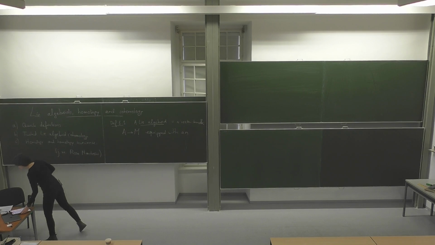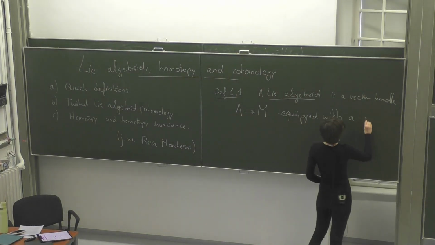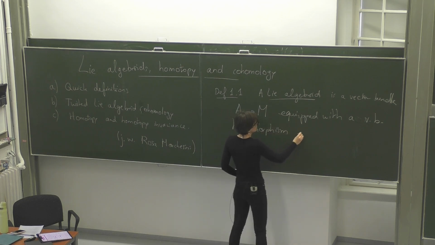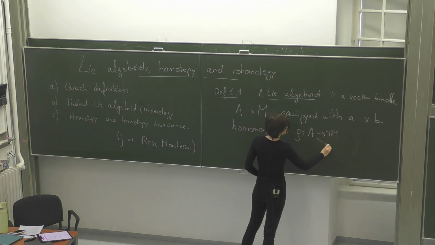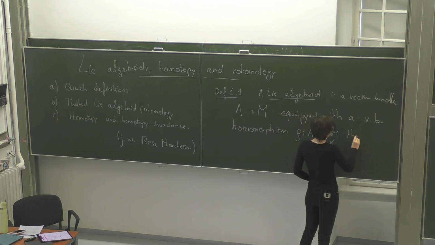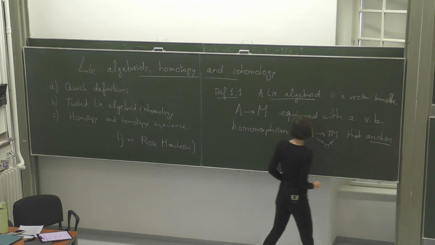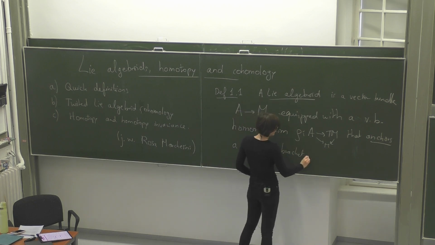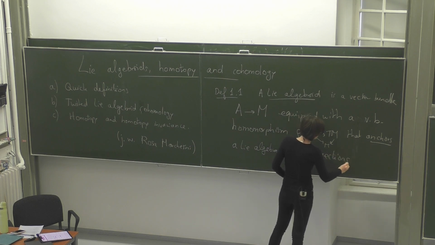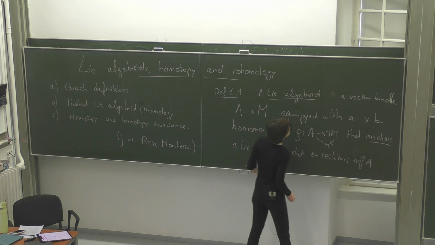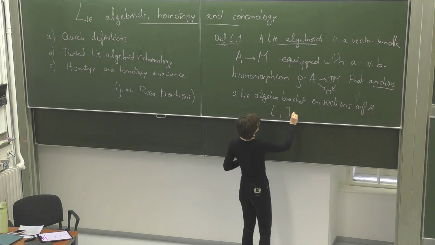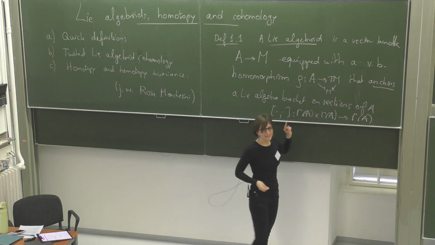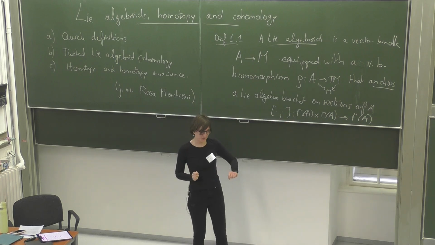That's a vector bundle homomorphism, ρ: A → TM, over the identity on M, and a Lie algebra bracket on sections of A. So that means you have your space of sections, which is an infinite dimensional real vector space.